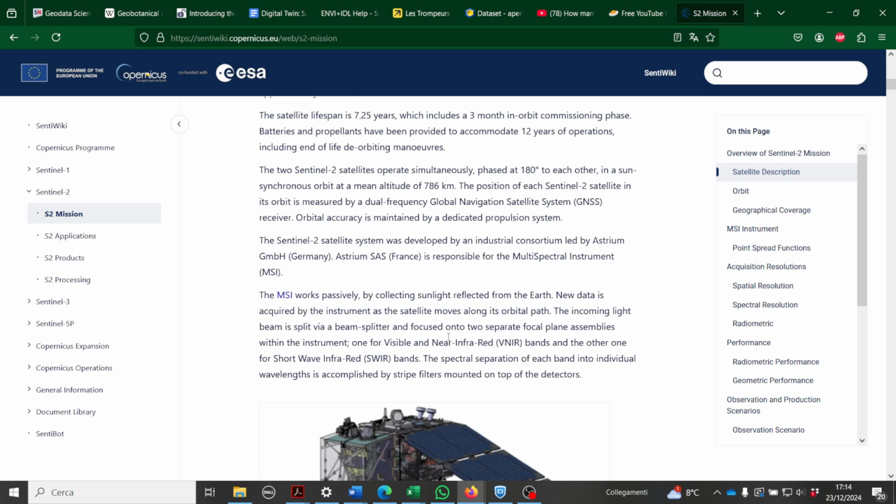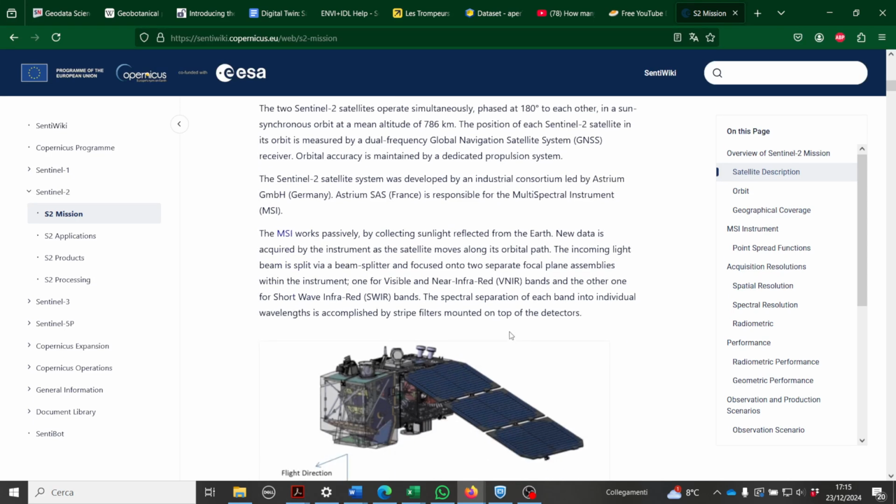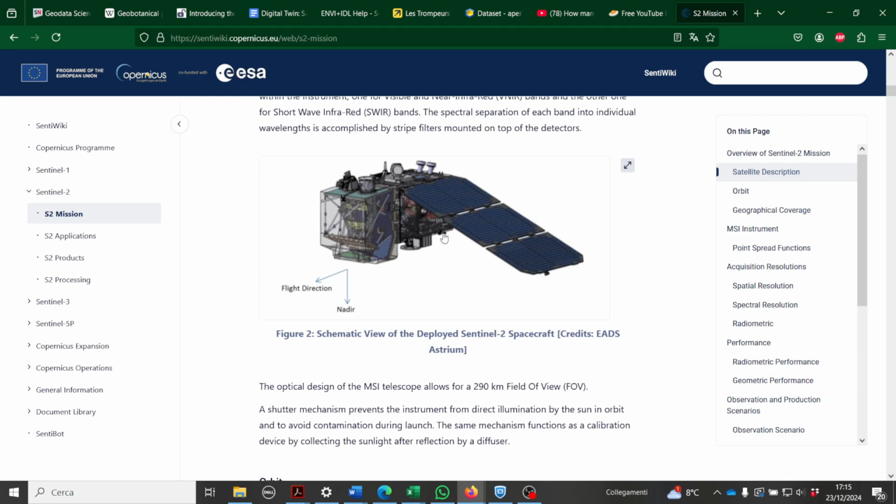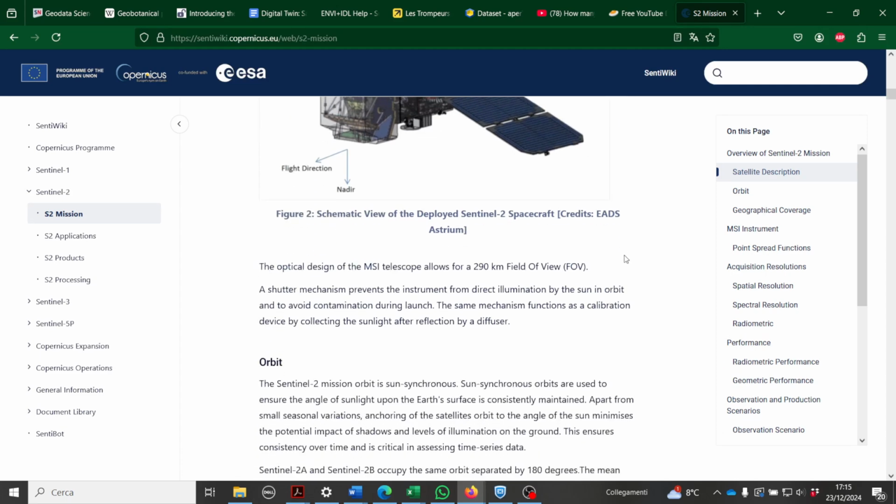The MSI, the multispectral instrument, is a passive sensor, and you can see here what is the design and what it is able to acquire. This is the schematic view of the spacecraft with the solar panel and all the instruments in these kind of boxes here.